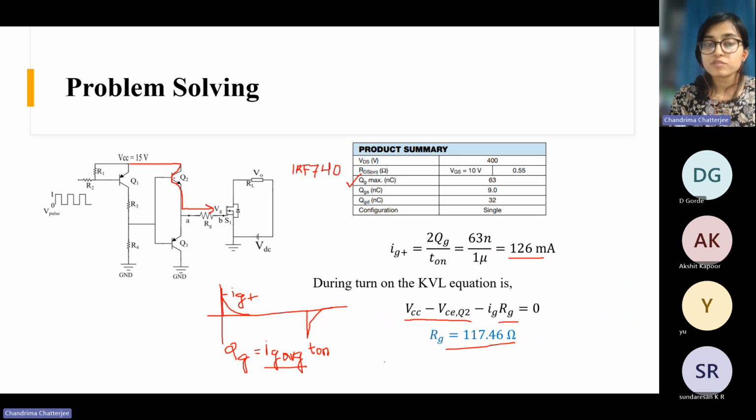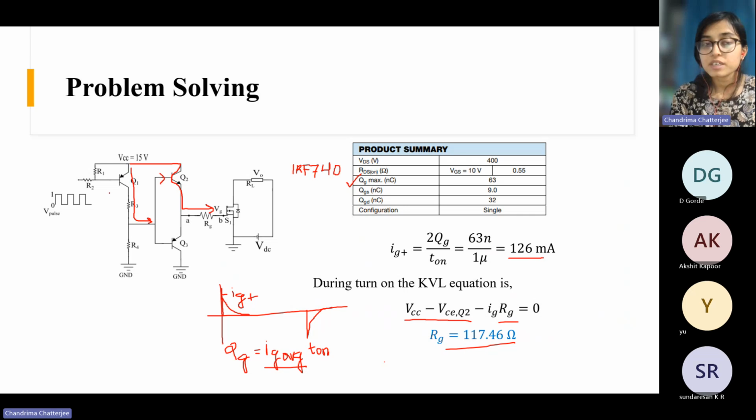Now, how will Q2 be on? When there is some base current here. From where will this base current of Q2 come? The base current of Q2 will come via this switch.